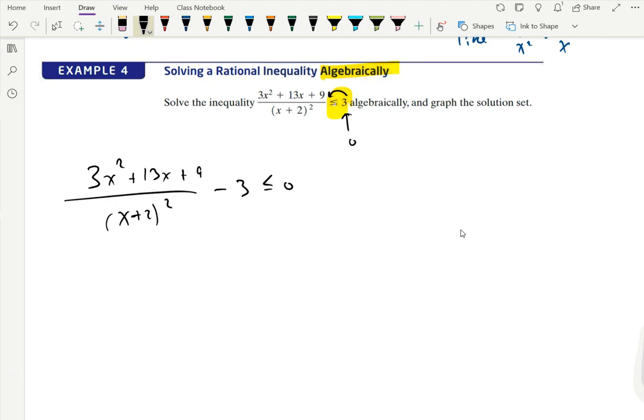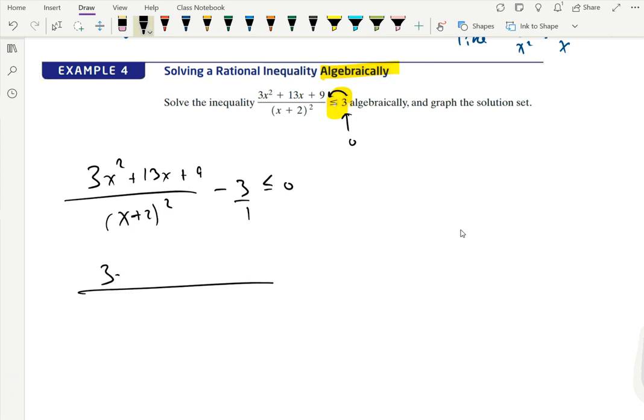So what we're going to have to do is get common denominators. This is -3 over 1. This other piece is over x plus 2 quantity squared. The quickest way to get a common denominator is just to multiply these denominators together. So 1 multiplied by x plus 2 quantity squared is simply x plus 2 quantity squared.